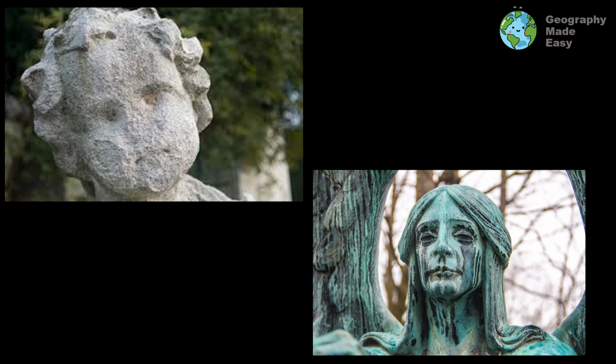This is very commonly seen if you look at very old monuments, especially in areas which are hot and humid, because chemical weathering requires water. We can see that this statue has features which are very blurred, and this blurring has taken place because of the dissolution effect of chemical weathering.